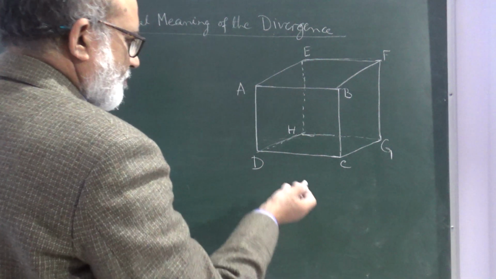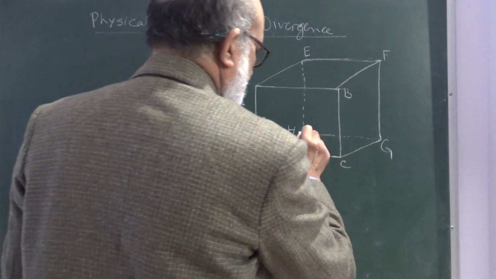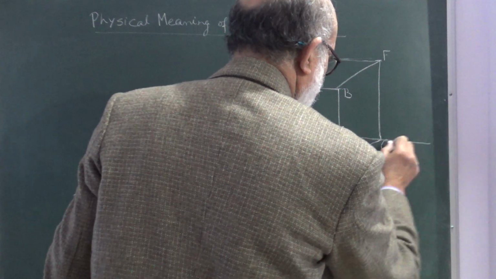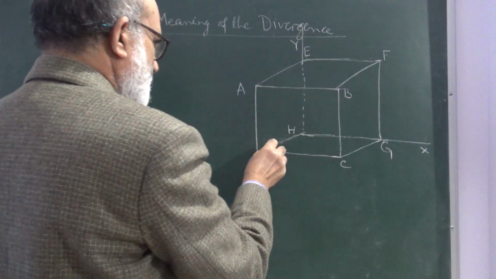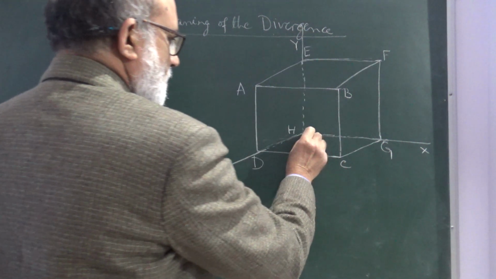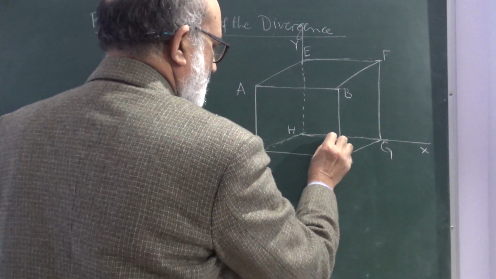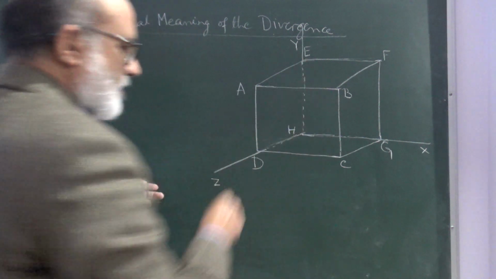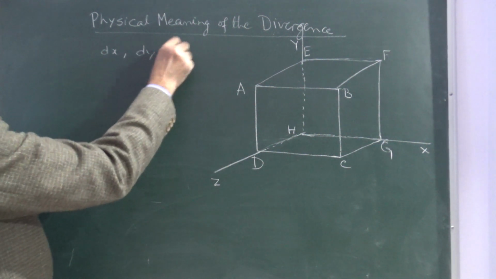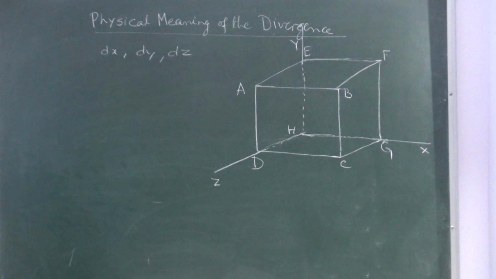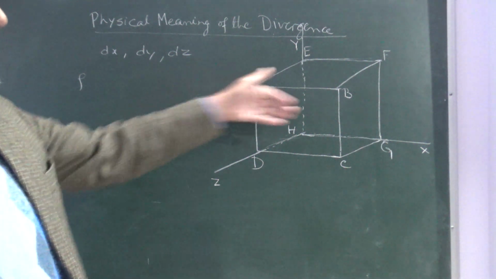If we take this as our x-axis, this as our y-axis and this as our z-axis, then this side has length dx, this dy and this dz, so the cube has volume dx dy dz. Suppose an incompressible fluid of density rho is passing with velocity v.